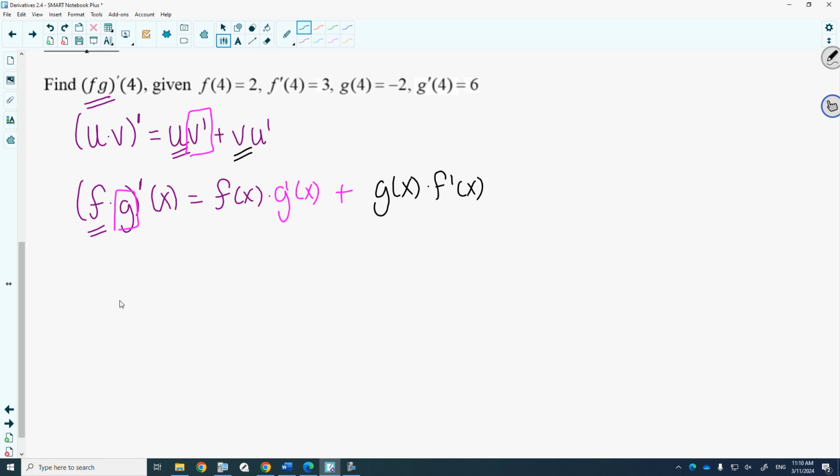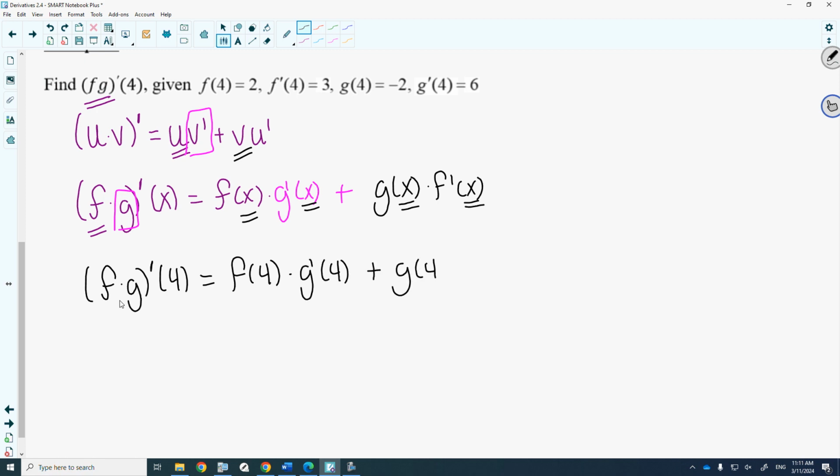Okay, so now the question is asking for f times g, the derivative at 4. So we're just going to sub in 4 for all my x values. F of 4 times g prime at 4 plus g at 4 times f prime at 4.